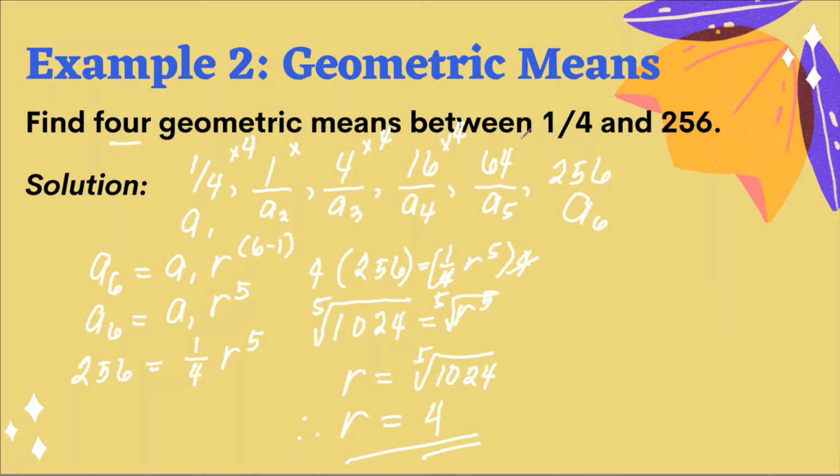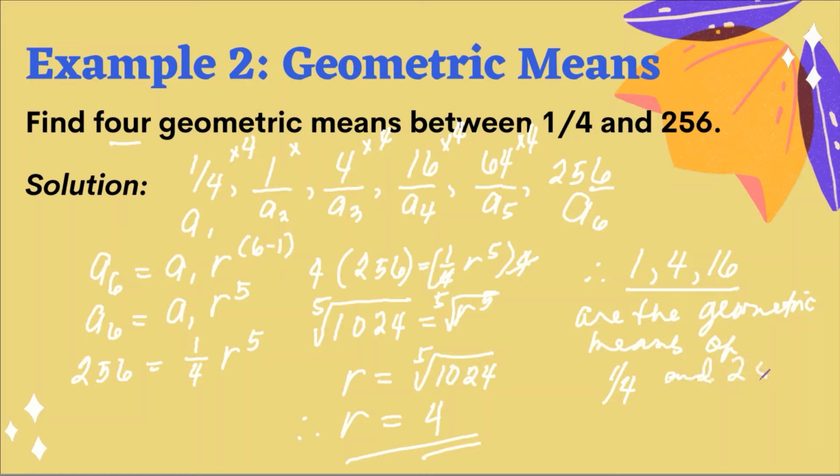And 64 times 4 is 256. Therefore, our geometric means are 1, 4, and 16. Those are the geometric means of 1/4 and 256. Okay.